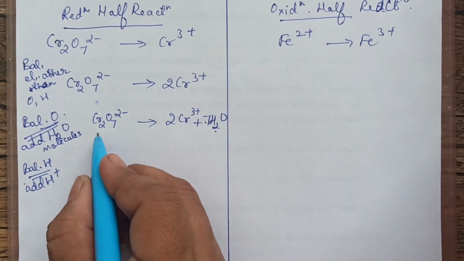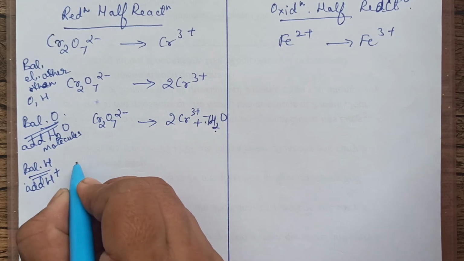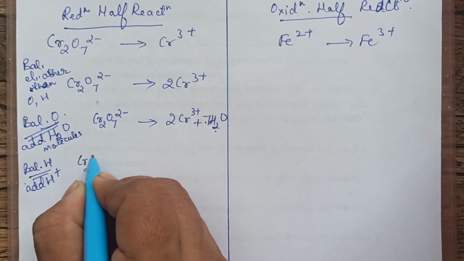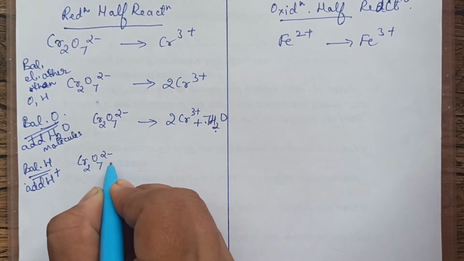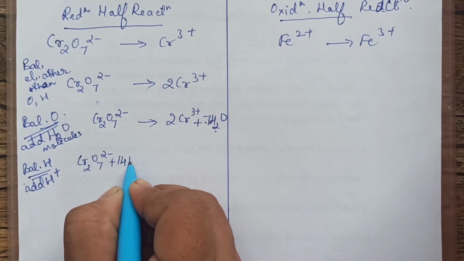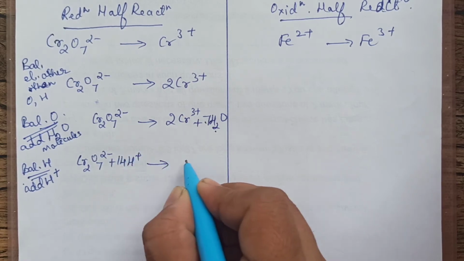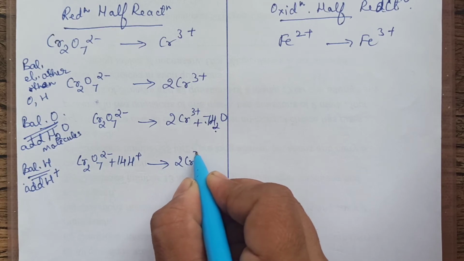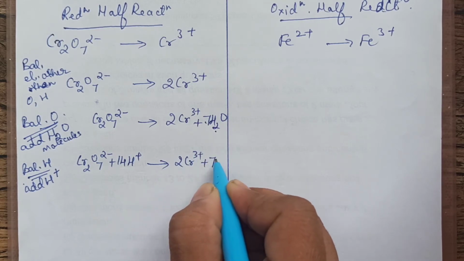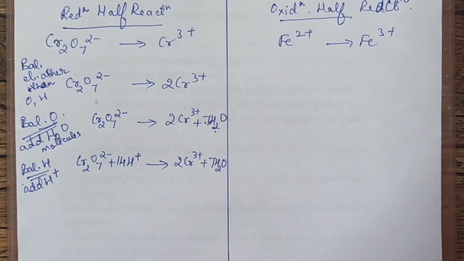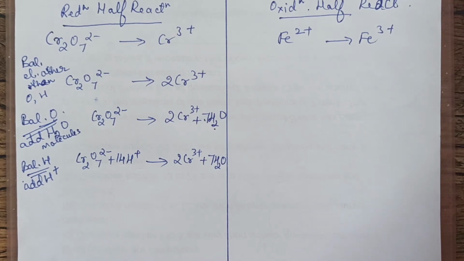So we will add 14 H+ on the left hand side. So Cr2O7 2- plus 14 H+ forms 2 Cr3+ plus 7 water. Right? So we have balanced H+ also now.